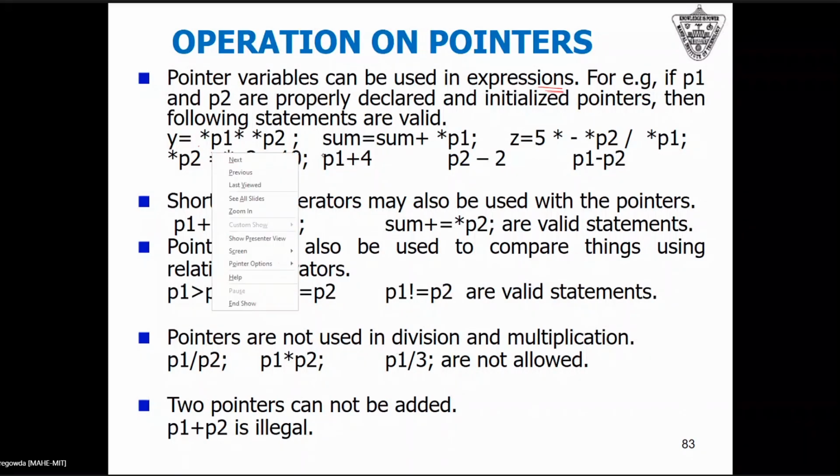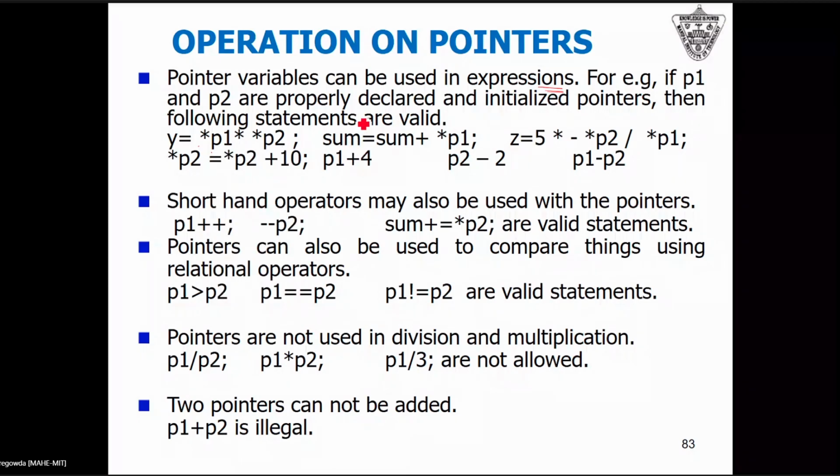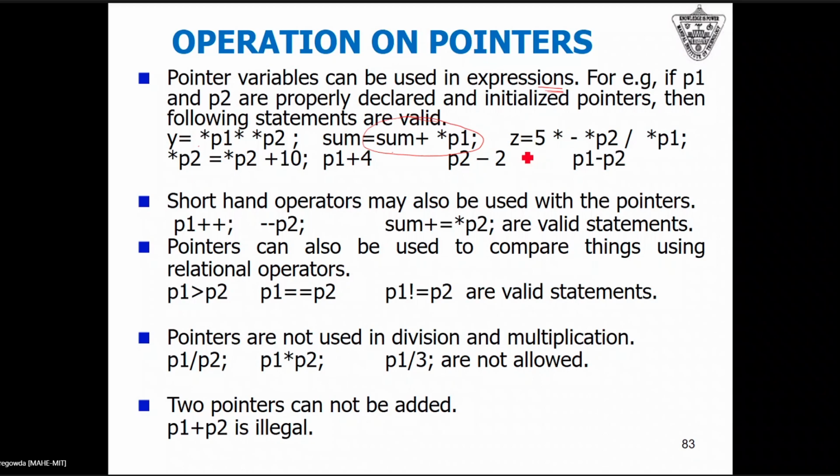Next, sum = sum + *ptr1 means that this can be used to access the value in a summation statement, and you can also do z = 5 * -*ptr2 and so on. This is how I can use pointers in different operations.